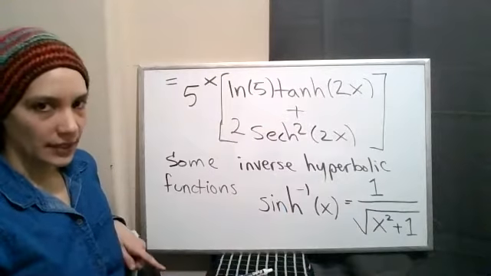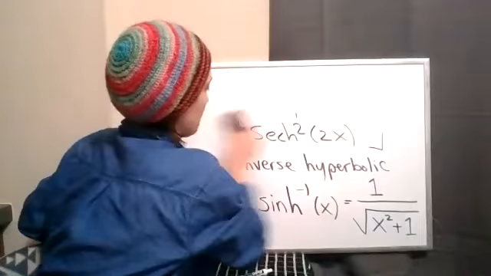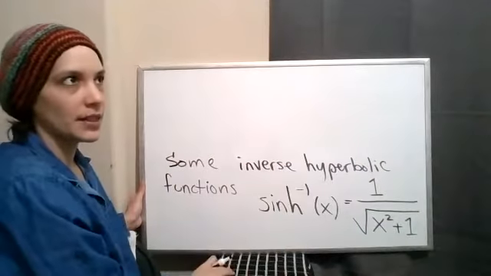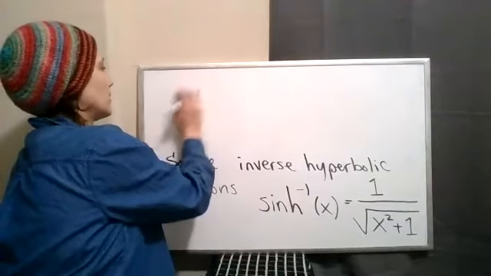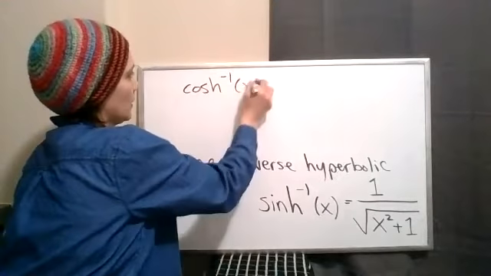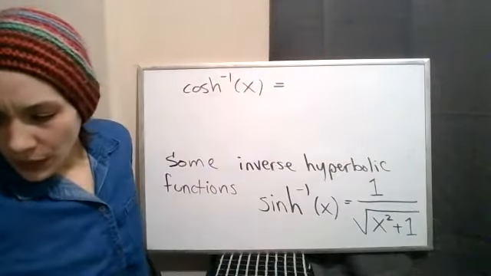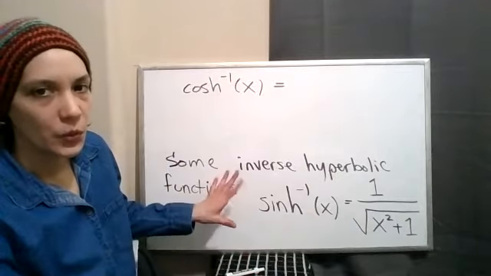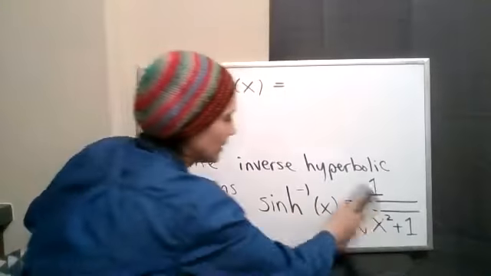Cosh inverse of x. The inverse of the hyperbolic cosine function. Okay. This is equal to, oh, oops, yikes. We need to back up. This is a derivative, so scratch that. This is coming soon.